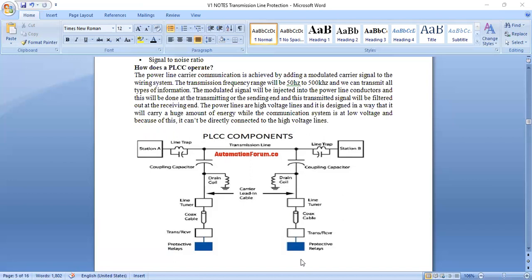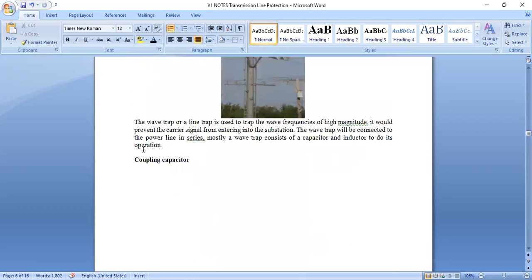Then the second equipment is the coupling capacitor.